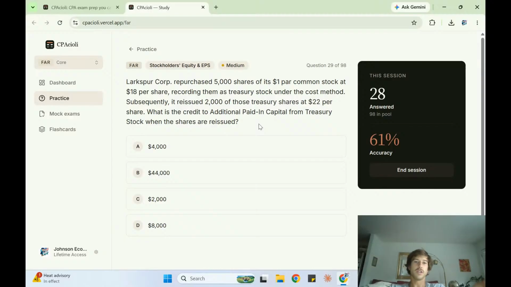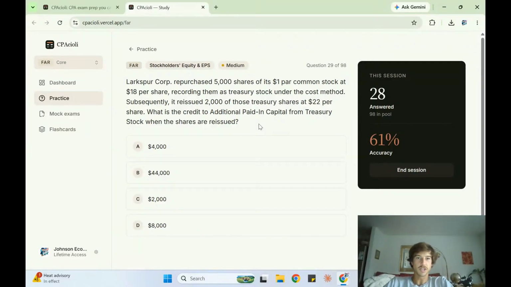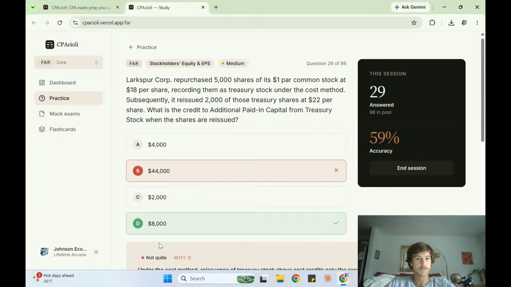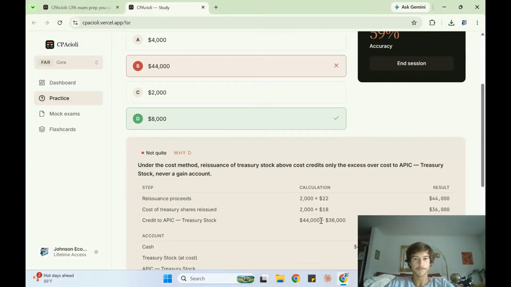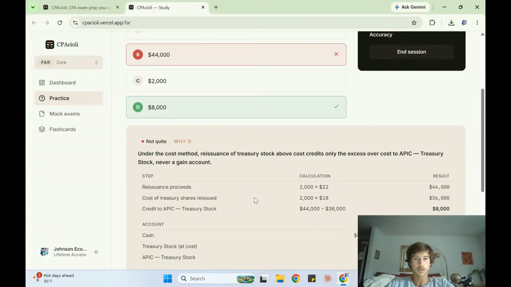It's confusing because the common stock is 1. So would it not be 44,000 minus 2,000, which is 42,000? Let's see. Okay, reissuance proceeds.